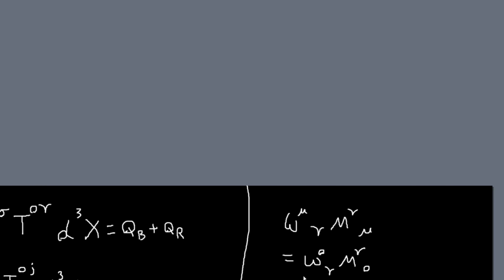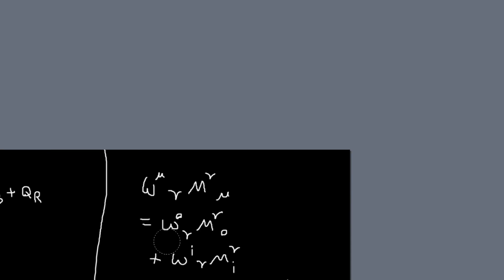We'll take a little detour here. So if I have our omega matrix contracted with some matrix like this, which is what we have, I can write this out. I can split this up into different sums. First I will split up this sum over mu into the time part plus the sum over the spatial parts.